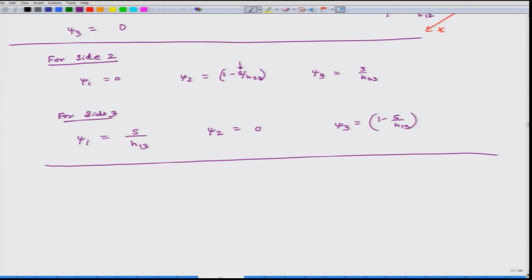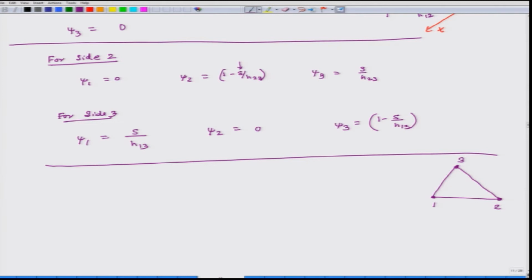Suppose this is a triangle and this is having 3 sides, 1, 2, 3. And suppose I am interested, even though I had earlier said that I should calculate the q vector only for which sides?